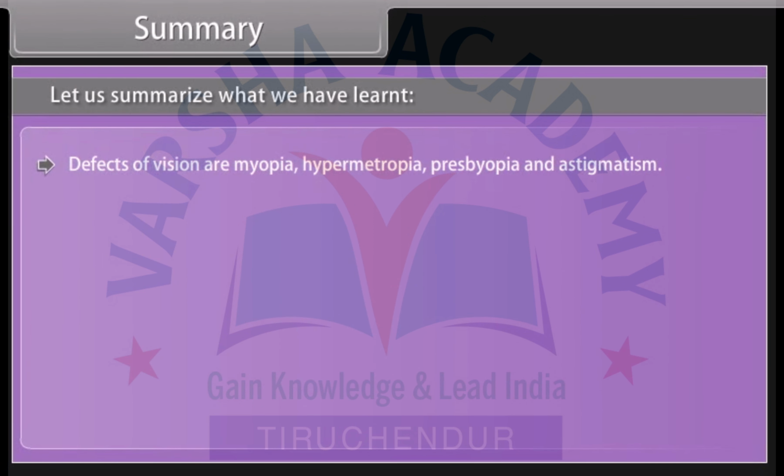Defects of vision are myopia, hypermetropia, presbyopia, and astigmatism. Magnifying power of a microscope, m is equal to d into (1 upon f plus 1 upon v).